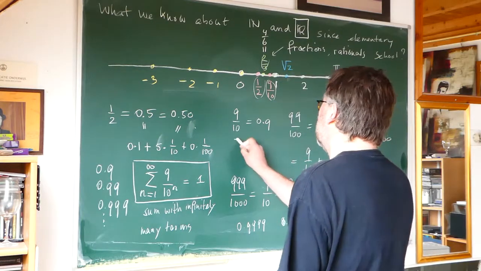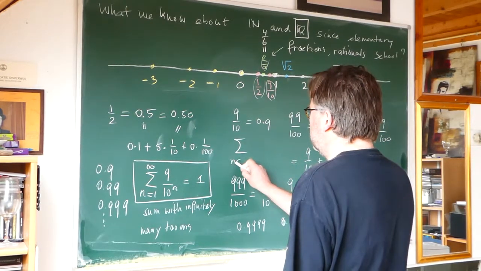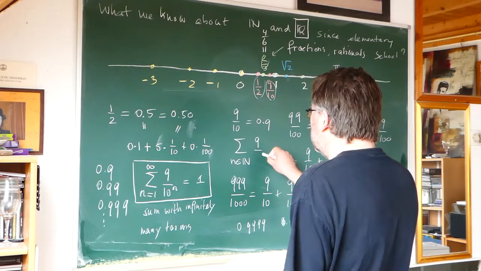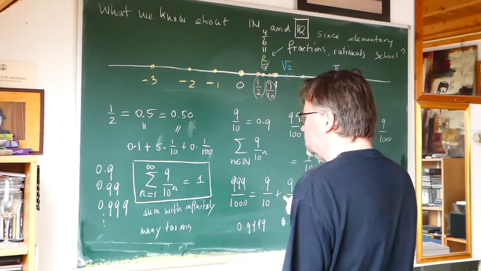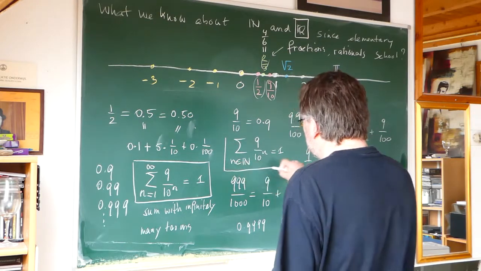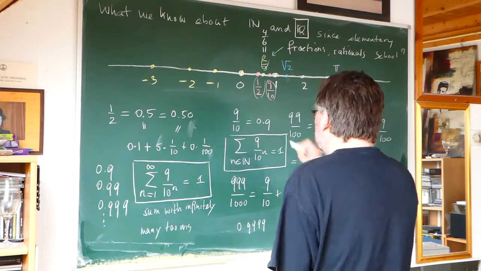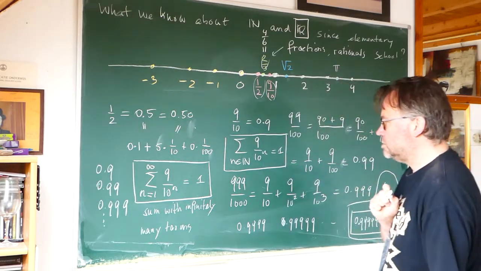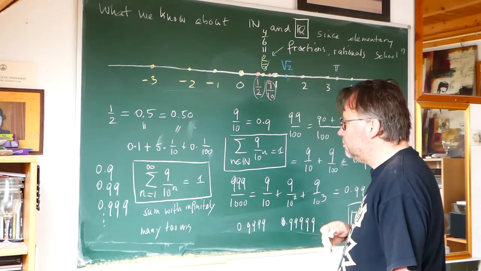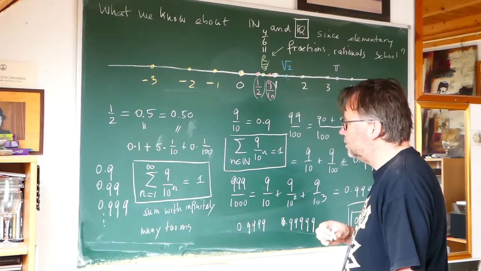I could also write more fancy notation, 9 over 10 to the n, and say that this is also equal to 1. Here I've lost my direction, so to speak.